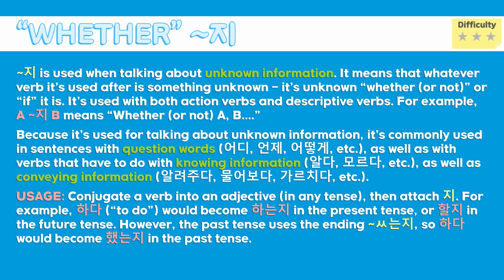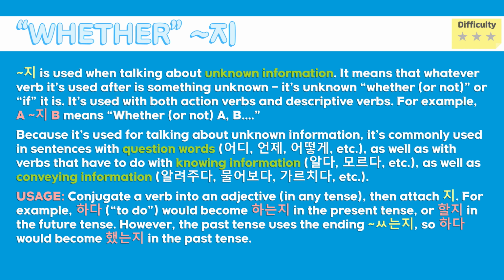Because it's used for talking about unknown information, it's commonly used in sentences with question words, such as 어디, 언제, 어떻게, etc., as well as with verbs that have to do with knowing information, such as 알다, 모르다, etc., as well as conveying information, such as 알려주다, 물어보다, 가르치다, etc. To use it, conjugate a verb into an adjective in any tense, then attach 지.